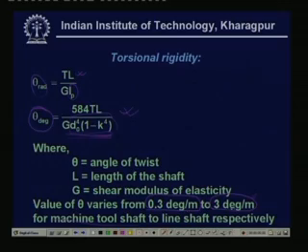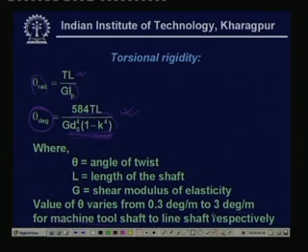Now, this value of 0.3 degree per meter to 3 degree per meter is just a guideline. So, you please note that this guideline has been provided to you to have just a thumb rule idea, but it is in no way a fixed value, and one has to change these values depending upon his requirement.